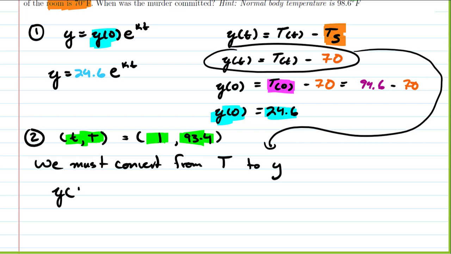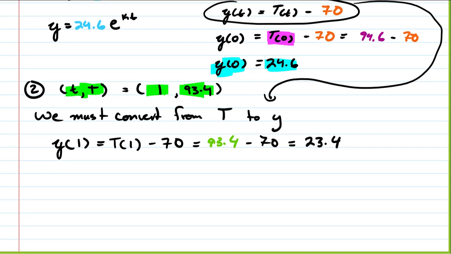So y of 1 is going to be equal to T of 1, take away 70. So T of 1 is 93.4, take away the 70, which is going to give us 23.4. So this gives us the new ordered pair t comma y: when t is 1, our y value is 23.4, right?